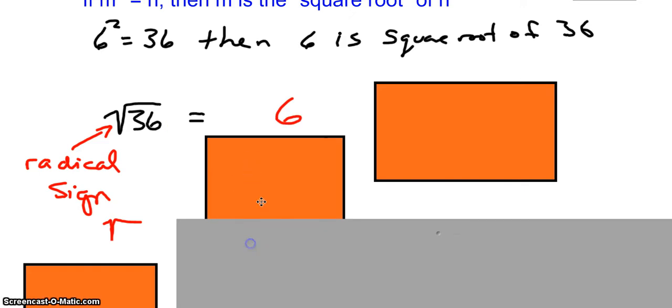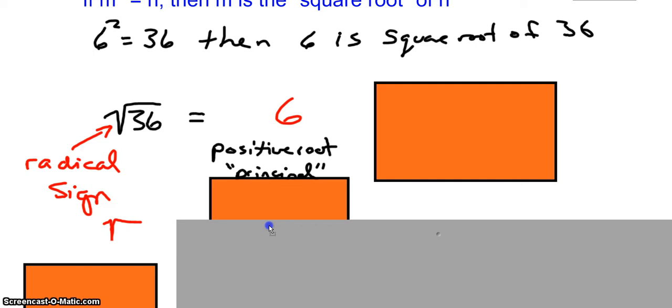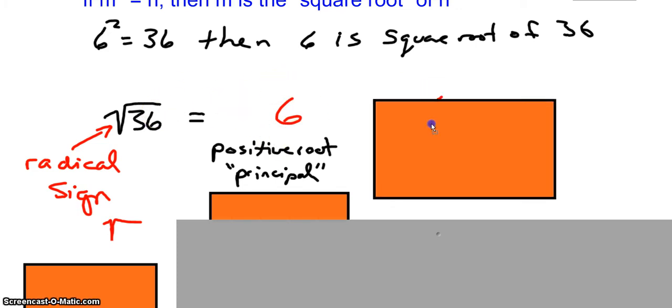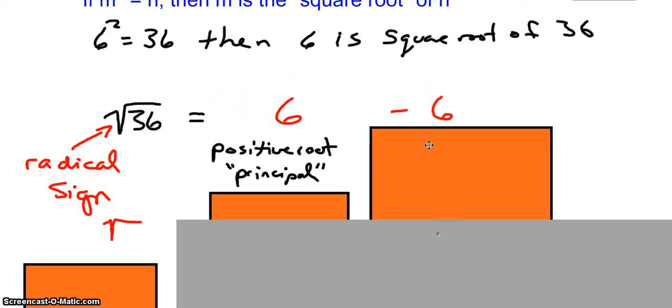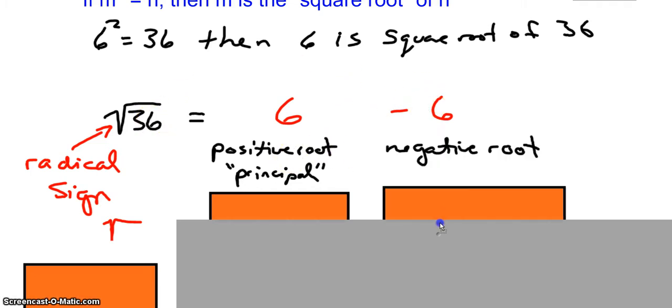This is the positive root, right? The positive root, also called the principal root. So principals are positive. The next number that could be squared to make 36 is negative 6. Negative 6 times negative 6 is also 36. And so this is not the positive root, this is the negative root.